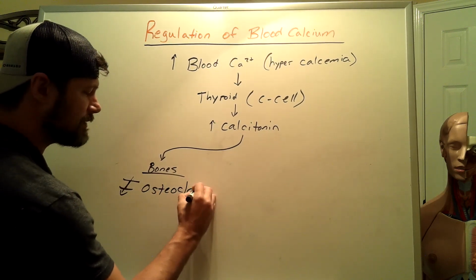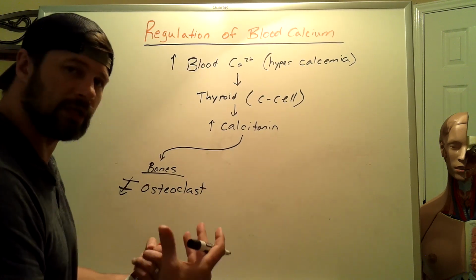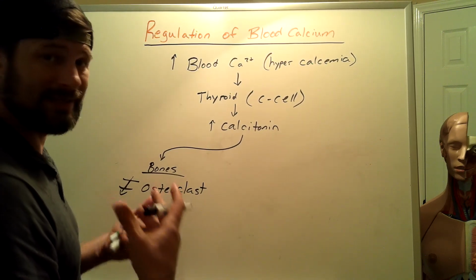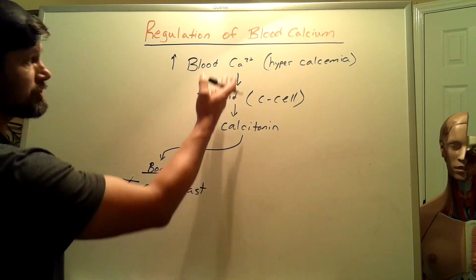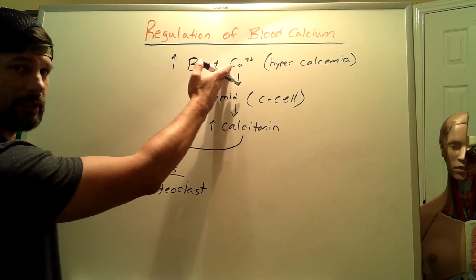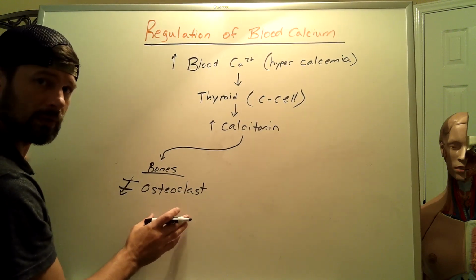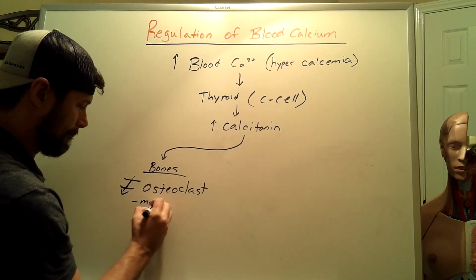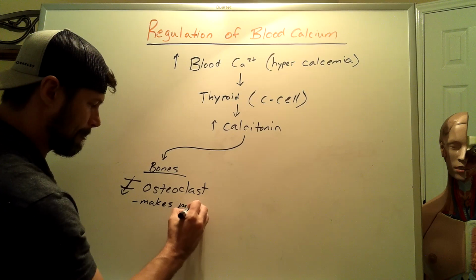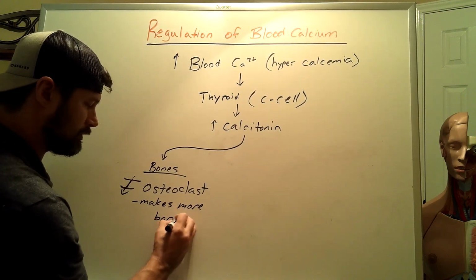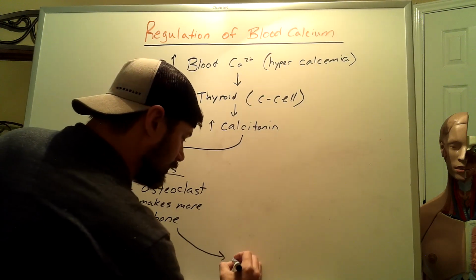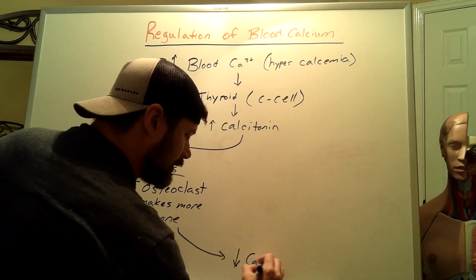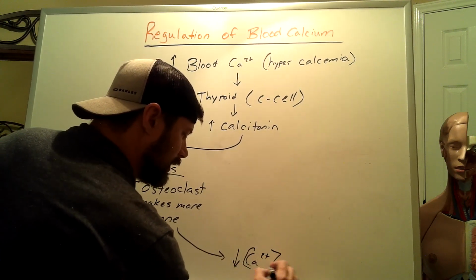And when we inhibit osteoclast function, we stop breaking bone down, and that allows the osteoblasts to do their job. The osteoblast starts to pull calcium out of the blood, and it starts to make more bone. And when we do this, what's that going to do to the amount of calcium out here? It decreases the amount of calcium in the blood.